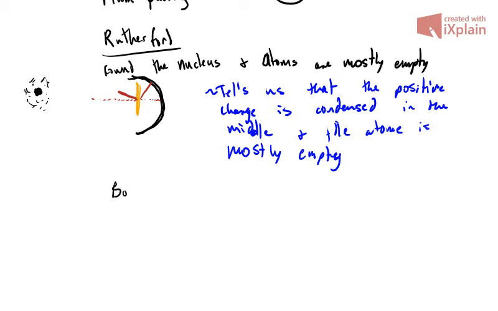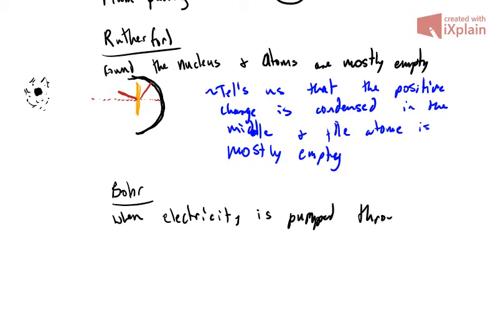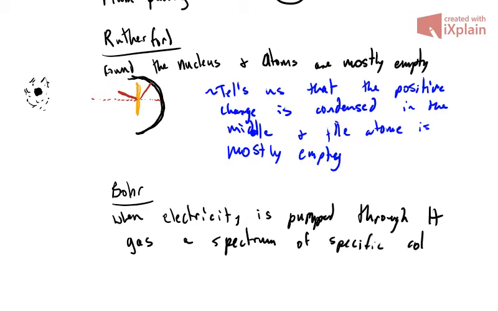The last one I want to talk about is Bohr. He found that when electricity is pumped through hydrogen gas, a spectrum of specific colors were found.